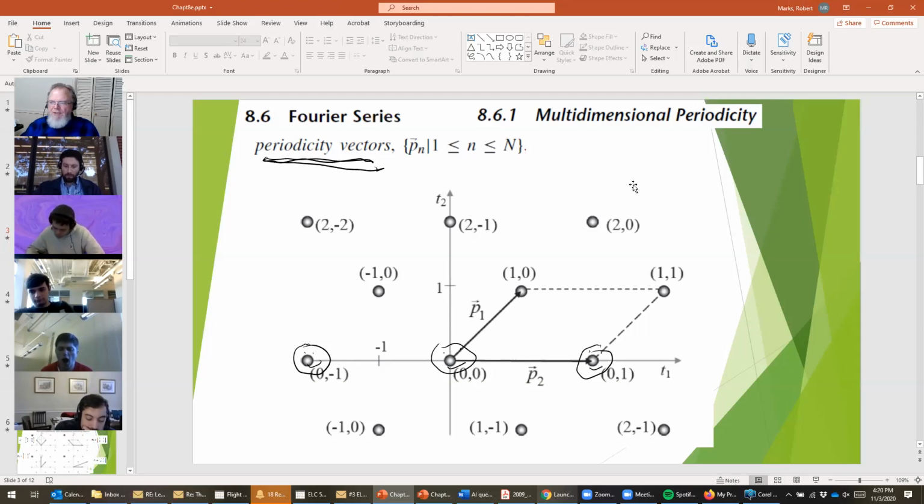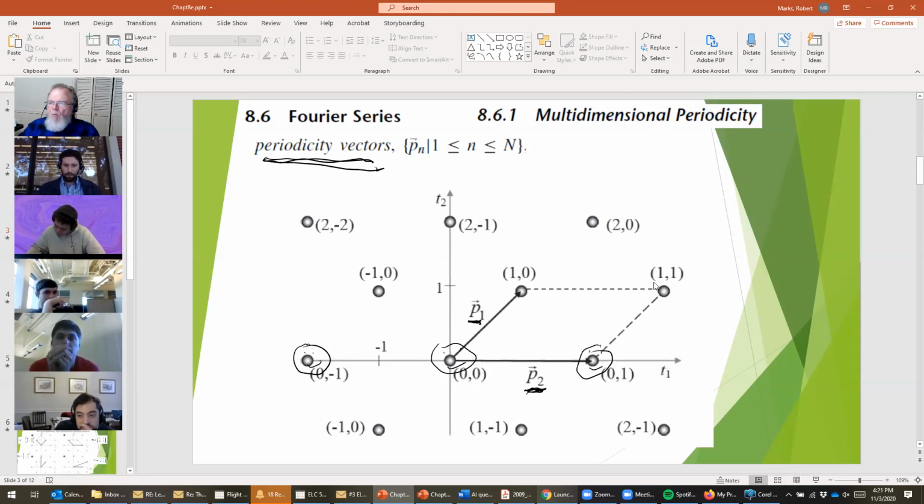The way we do this is we look at this value here, and we're going to call that P1, and the vector here, which is P2. Once we do this, this allows us to label all of the points in the plane as multiples of P1 and P2.